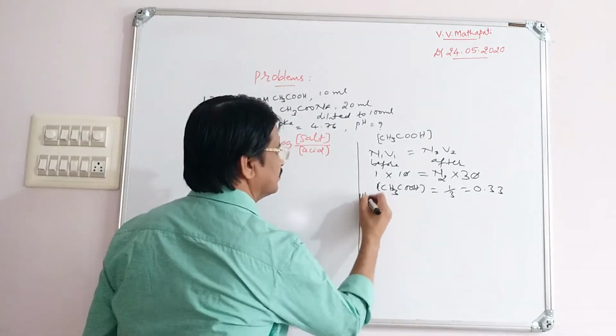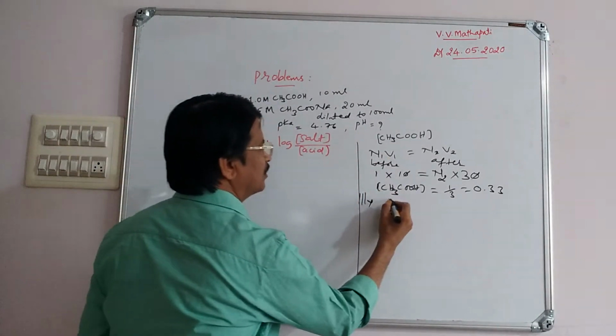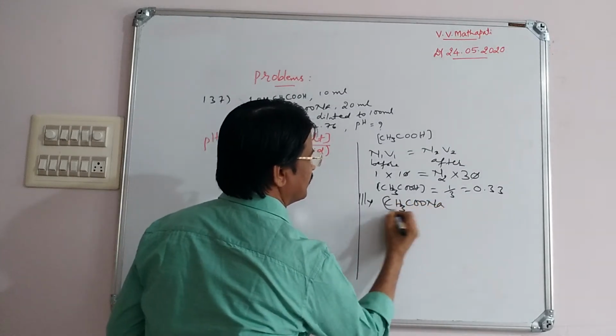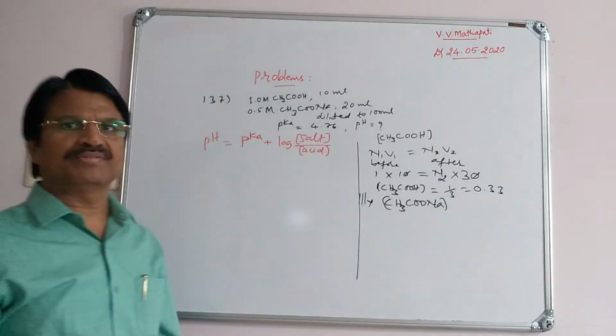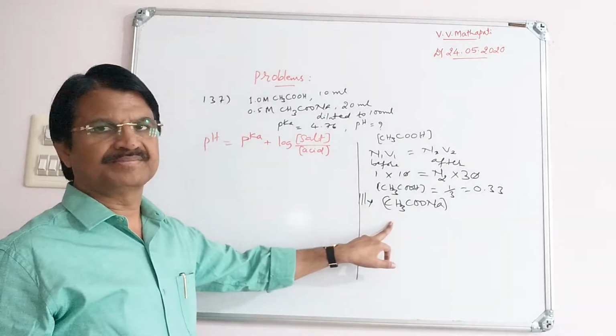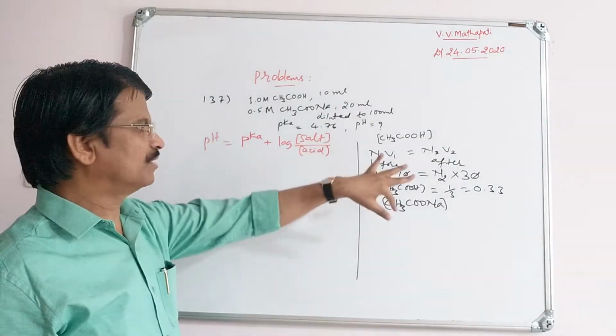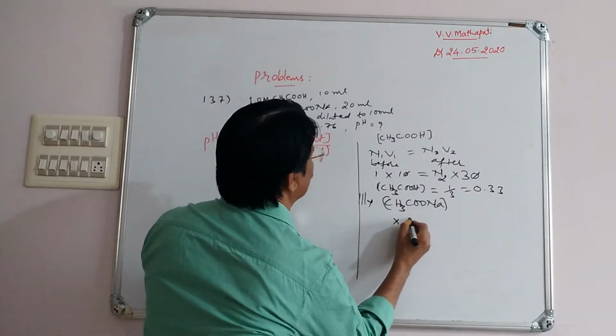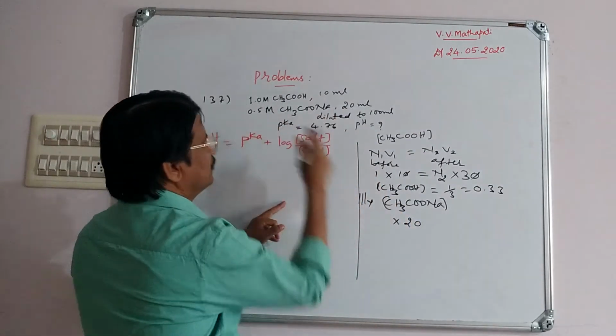Similarly, we can calculate for CH3COONa, the molar concentration of sodium acetate, using the same formula, before and after. Before, the volume is 20 ml and molarity 0.5.